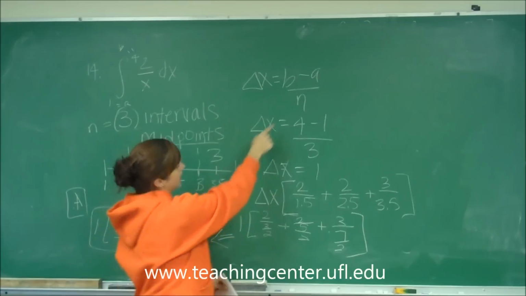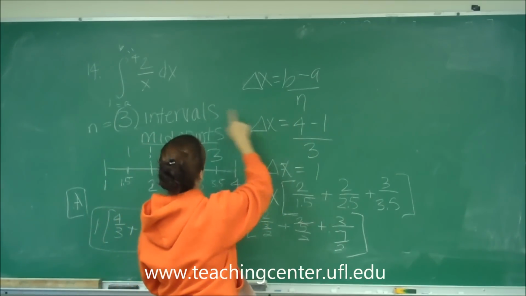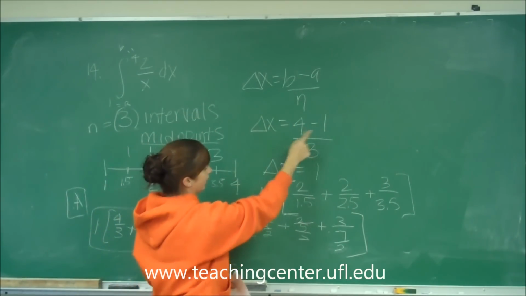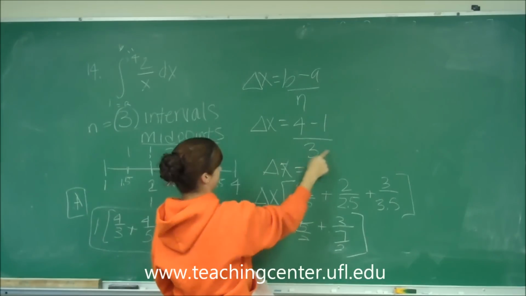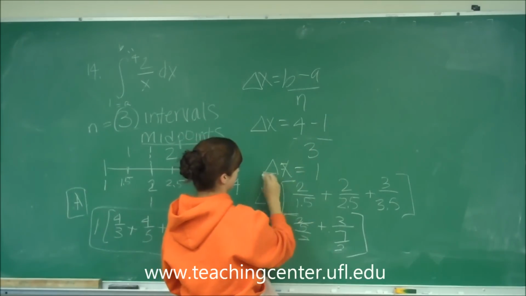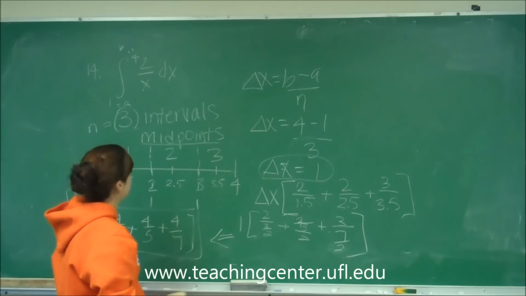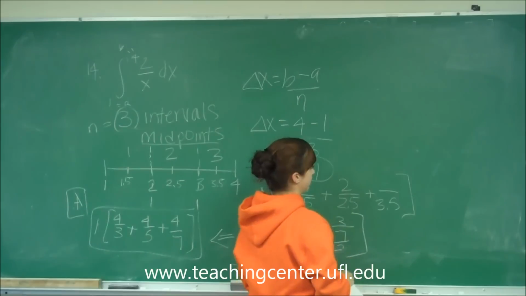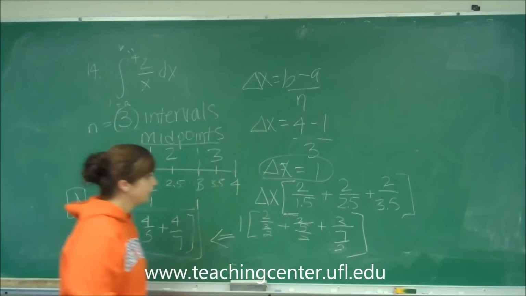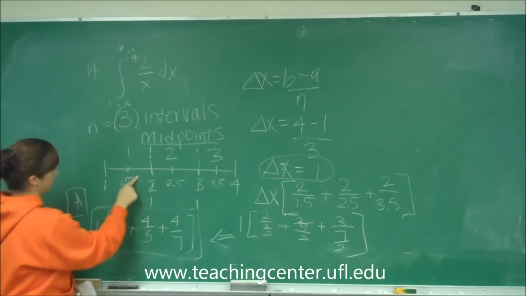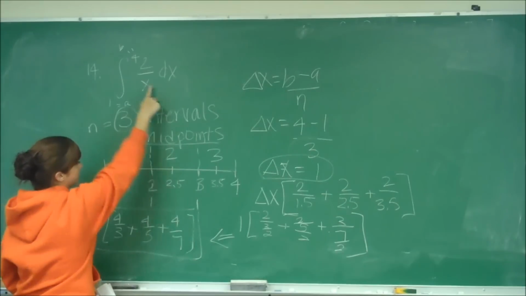And then I find my delta x, which is b minus a over n. My b is the top number, 4, a is the bottom, over 3 subintervals, so n is 3. So delta x is equal to 1. And then I plug it into the equation. I'm sorry, this is a 2. So I plug all my midpoints in for x here.